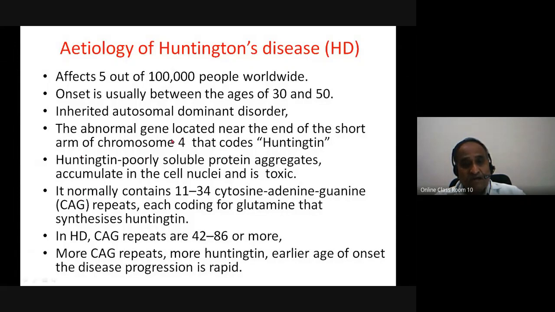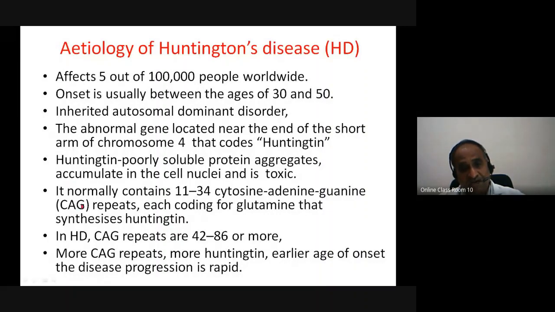Normally, for Huntingtin, CAG repeats are required. Chromosome 4 normally has 11 to 34 CAG repeats. CAG means cytosine, adenine, guanine nucleotide repeats, and these CAG repeats code for the synthesis of glutamine, which is part of the Huntingtin molecule.